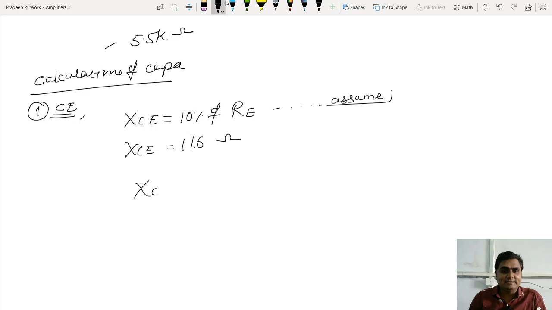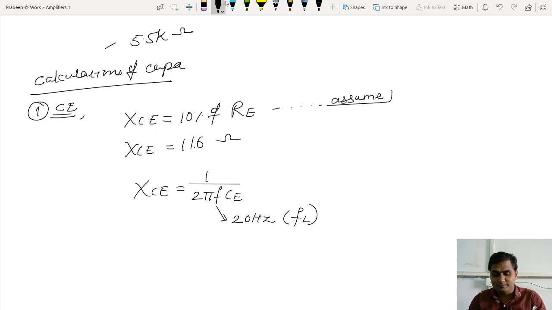What is the equation for XCE? It is 1 by 2 pi F CE. Now what is that F? It is 20 Hertz, because I told you that it's the lower cutoff frequency, FL, which is given in the design statement. Now put the values: XCE is equal to 11.6, F is equal to 20 Hertz, put the value of 2 pi and then calculate CE. Use a calculator.